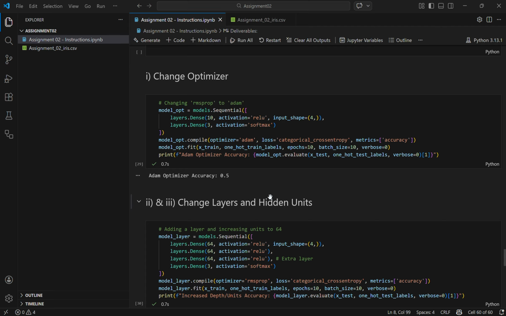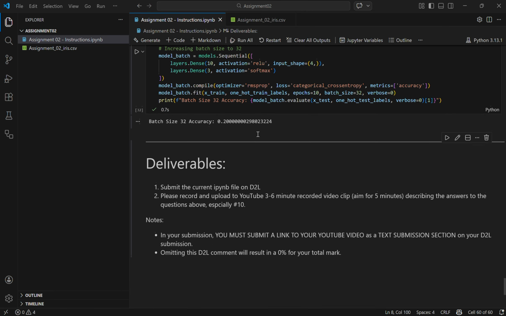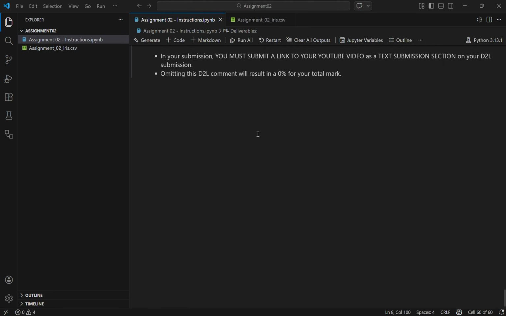Layers and units: adding more layers can improve performance but makes the model more computationally expensive. Epochs or batch size: increasing the epochs gives the model more time to learn, while changing batch size impacts the stability of the training process. So this concludes my assignment presentation.